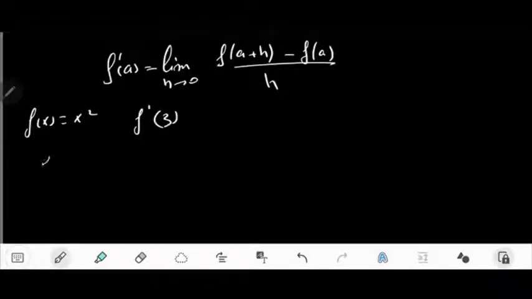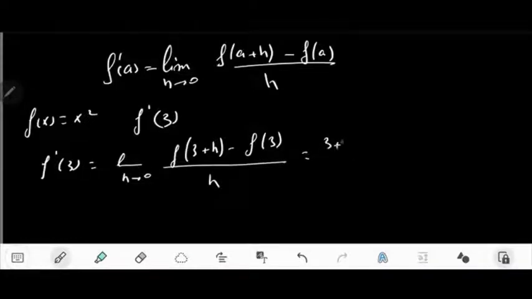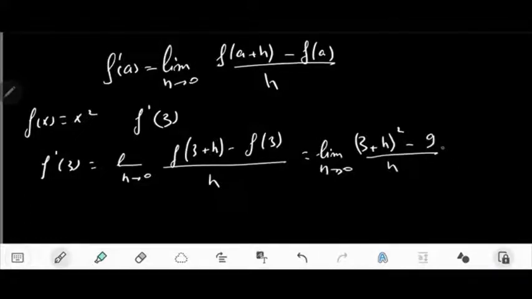So f prime at 3 would be equal to the limit when h tends to 0 of f of 3 plus h minus f of 3 over h, which is equal to the limit when h tends to 0 of (3 plus h) squared minus 9 over h, which is equal to the limit when h tends to 0 of 9 minus 9, it cancels.